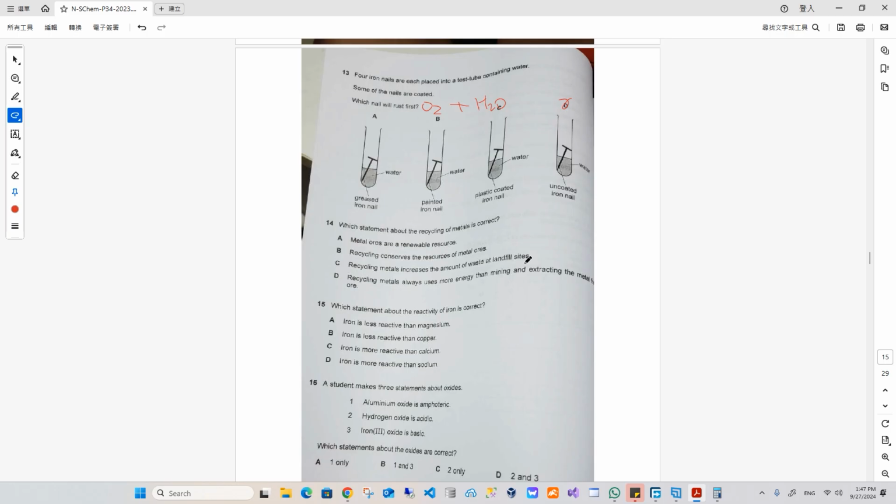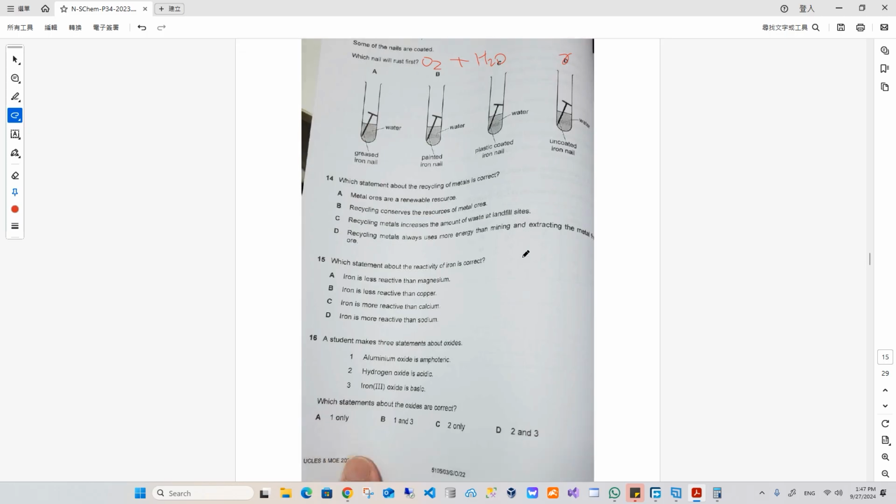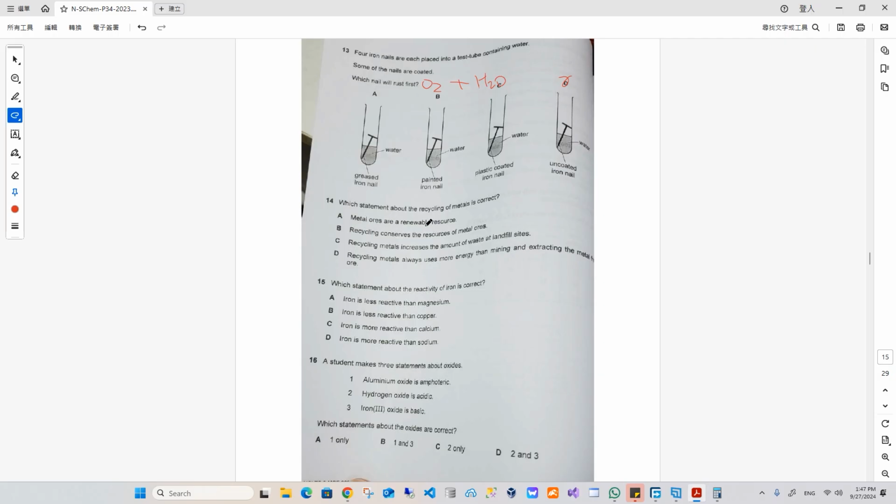Which statement about the recycling of metal is correct? Metal ores are renewable resources. But ore means you take it from the ground, right? What's renewable? You smash it into the ground, let it become ore again, and take it out?